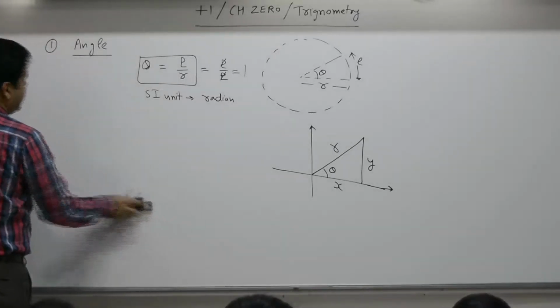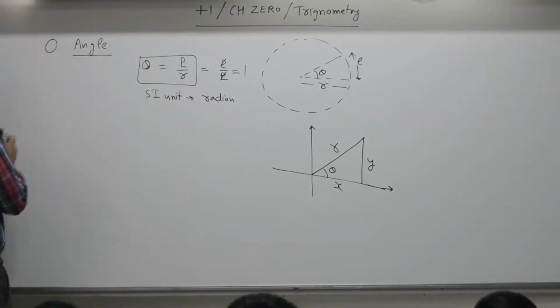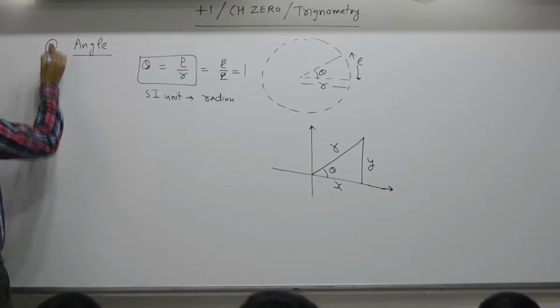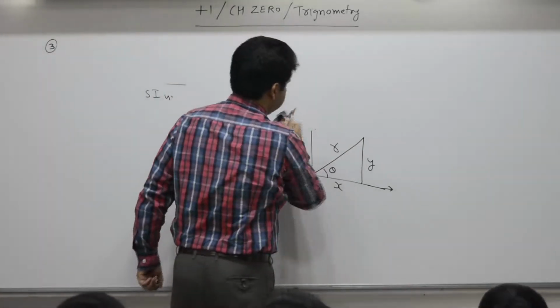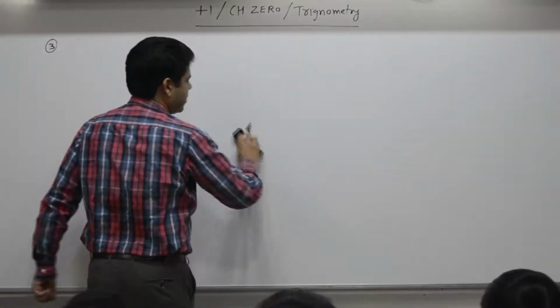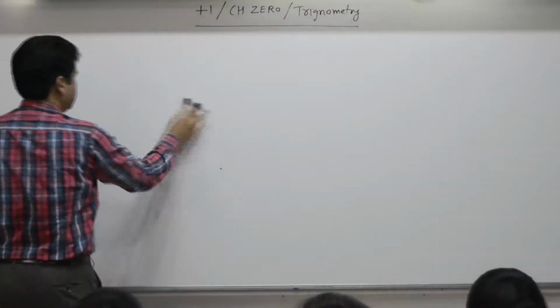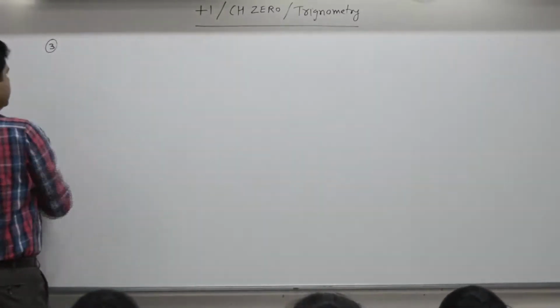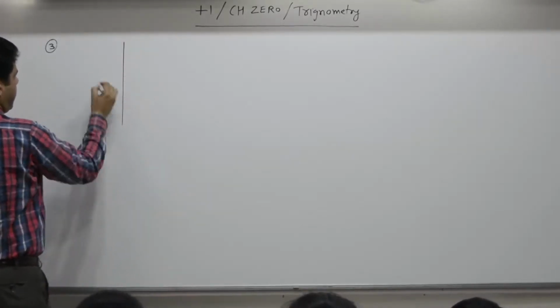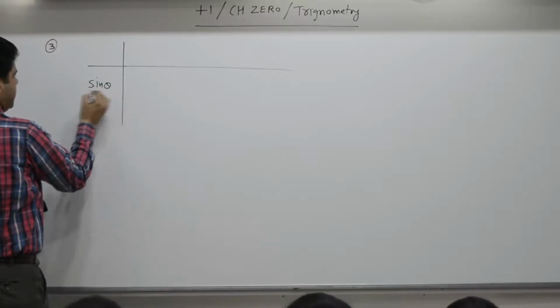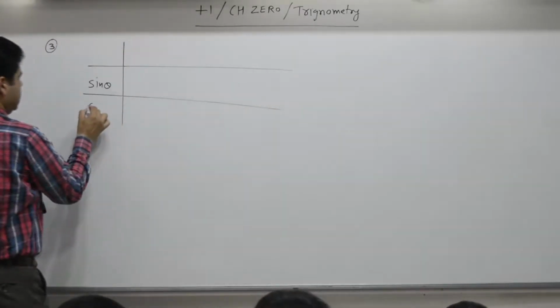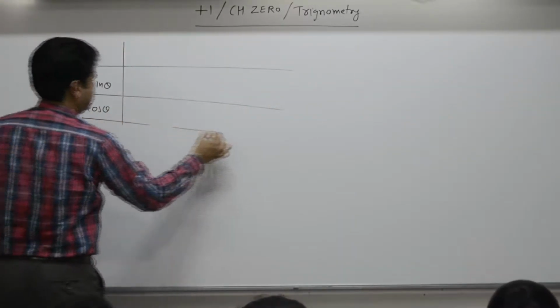Next, point number 3 is a table covered in school: sine, cos, tangent, sin theta, cos theta, and tangent theta.